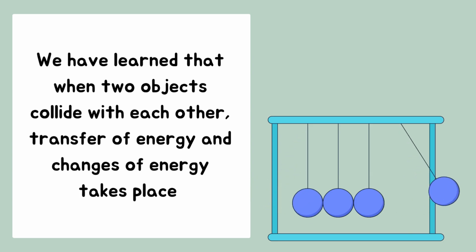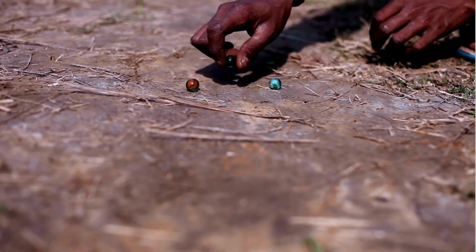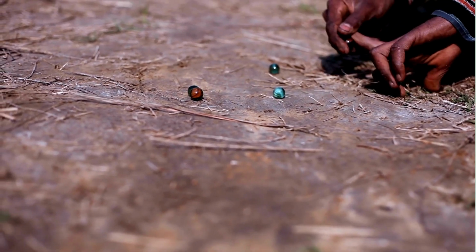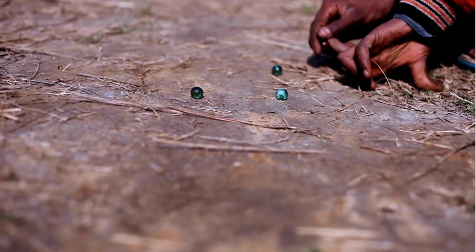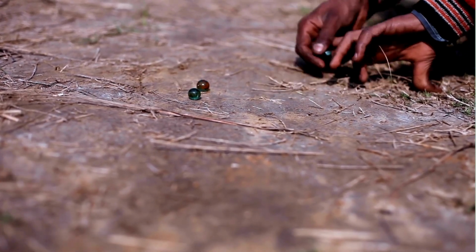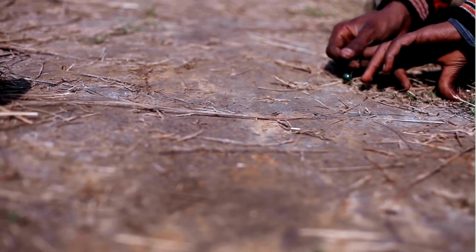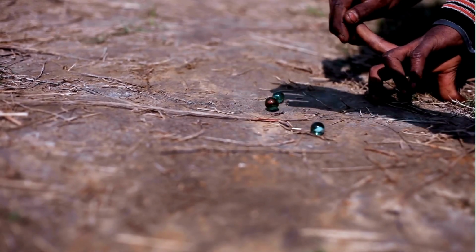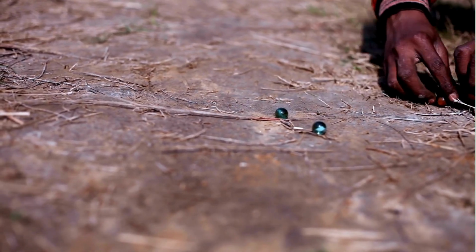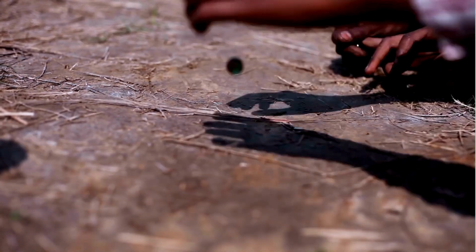As we have an example here, when boys play with marbles, what happens? As you see here, the kinetic energy transfers from the boy's hand to the marble, okay? And when this marble hits another one, the kinetic energy transfers to the other marble, and so on.